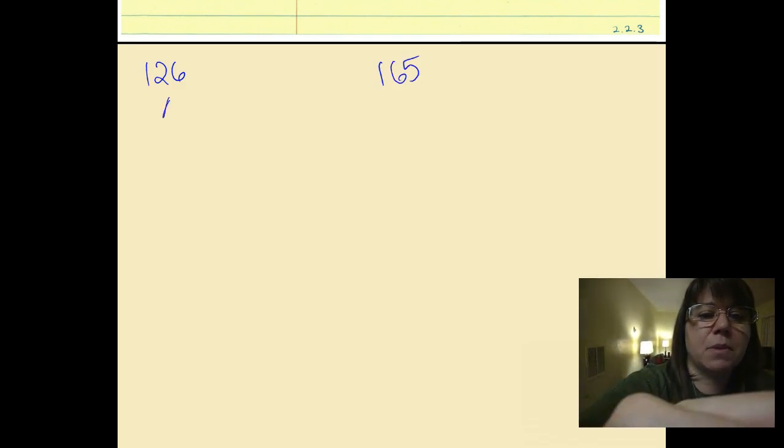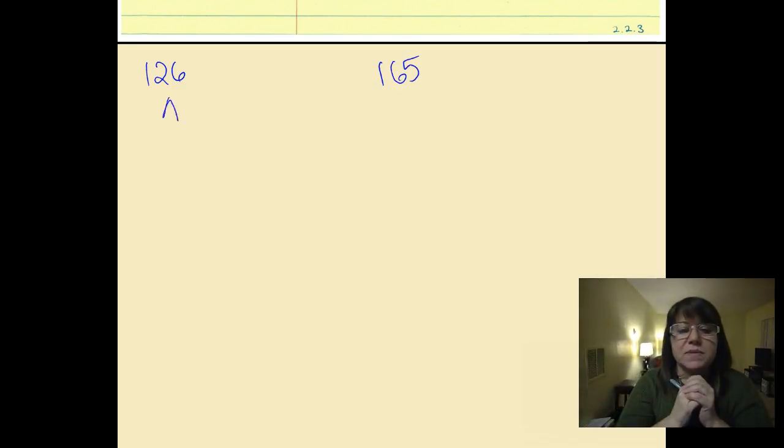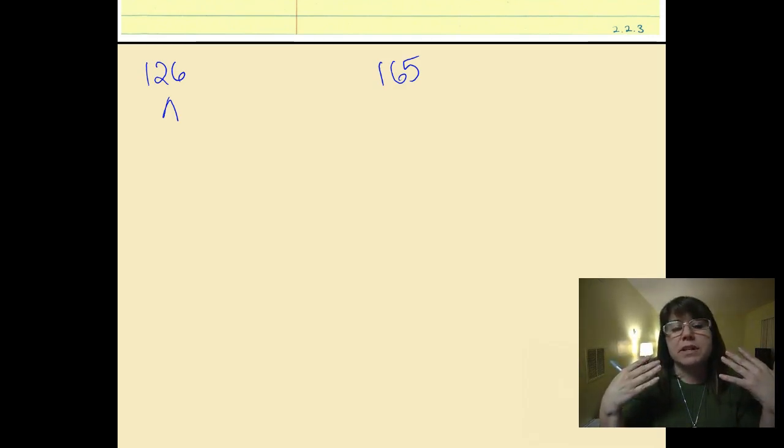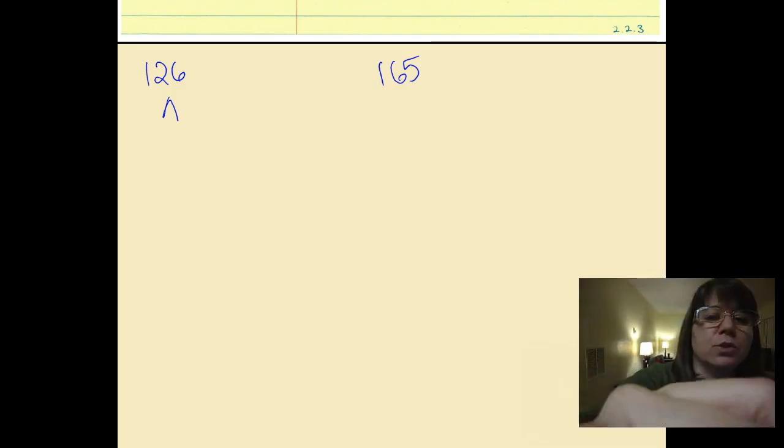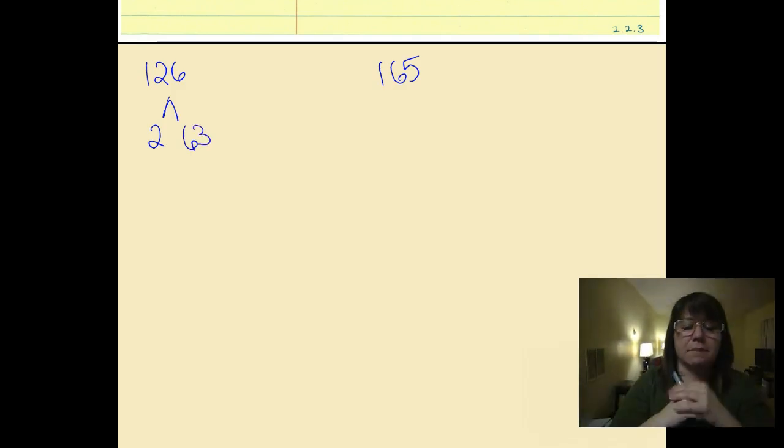I want to break these apart. I'll do 126 first. Definitely 2 goes into it. I always start with a 2, go with the smallest numbers, and build up. 2 goes into 12 6 times. 2 goes into 6 3 times.